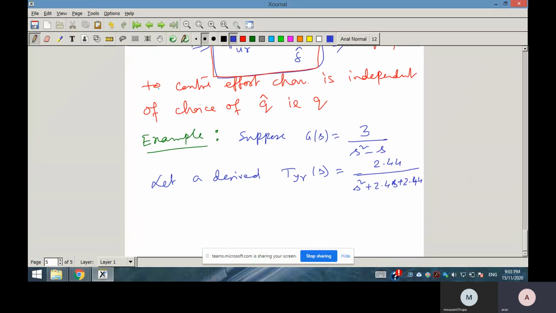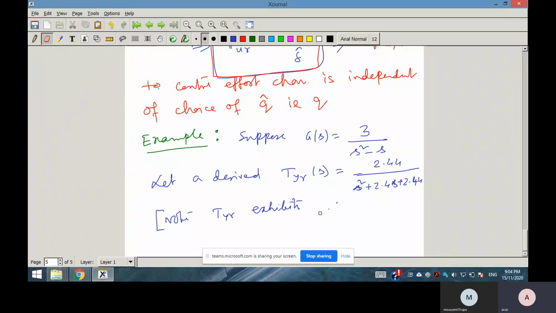So now you can see why I have chosen this one. So you can see, note, with this transfer function TYR exhibits peak overshoot, exhibit zeta equal to how much?